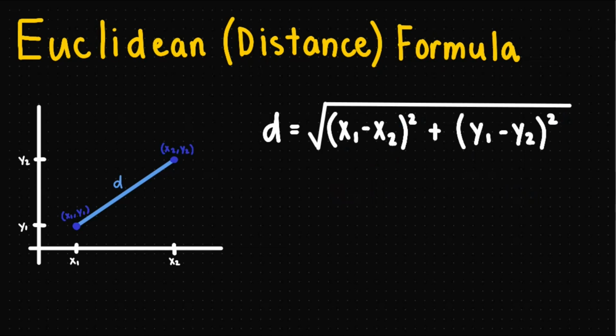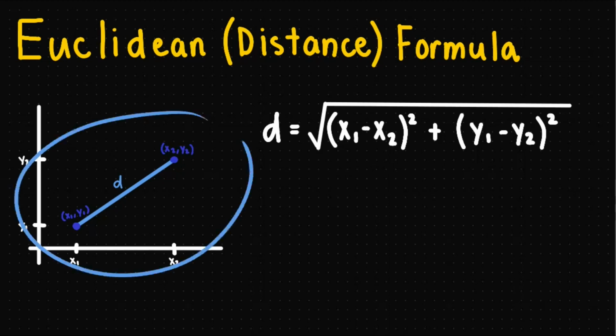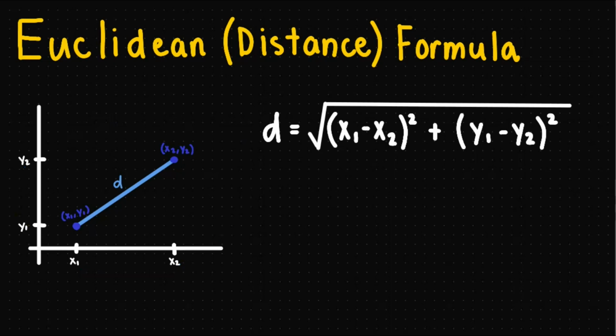There are many ways to obtain this formula, but I'll use the simplest one, which is the Pythagorean theorem, in showing how this formula exists. So using this figure, if we construct a triangle out here, let's use a different color, say green.